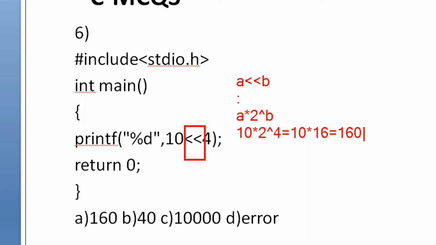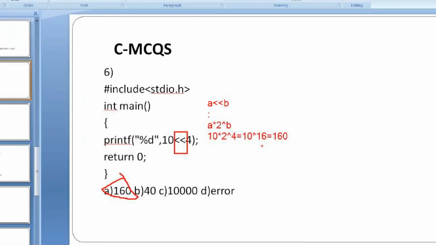Okay, so the answer is 160. Directly by using this formula we can find it out, and no need to do any analysis here.